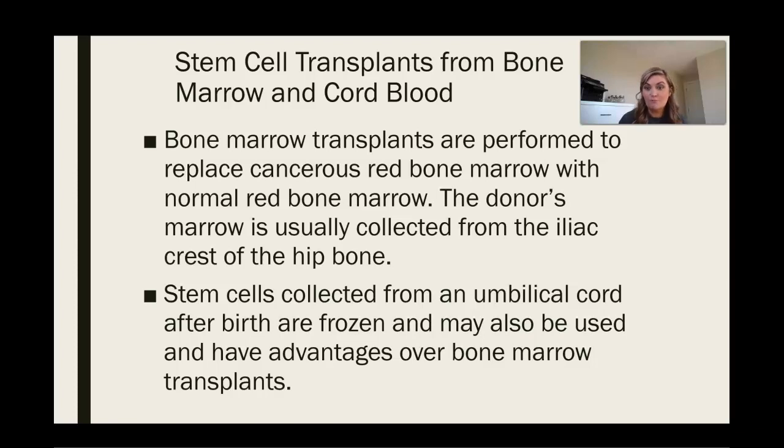It can also be used or have advantages over bone marrow and bone transplants because it's coming directly from that person. And if other siblings are close in genetics with the cord that you saved, then it could possibly be used for them as well. And so it is a specific fee. You do have to let them know before the baby's born.